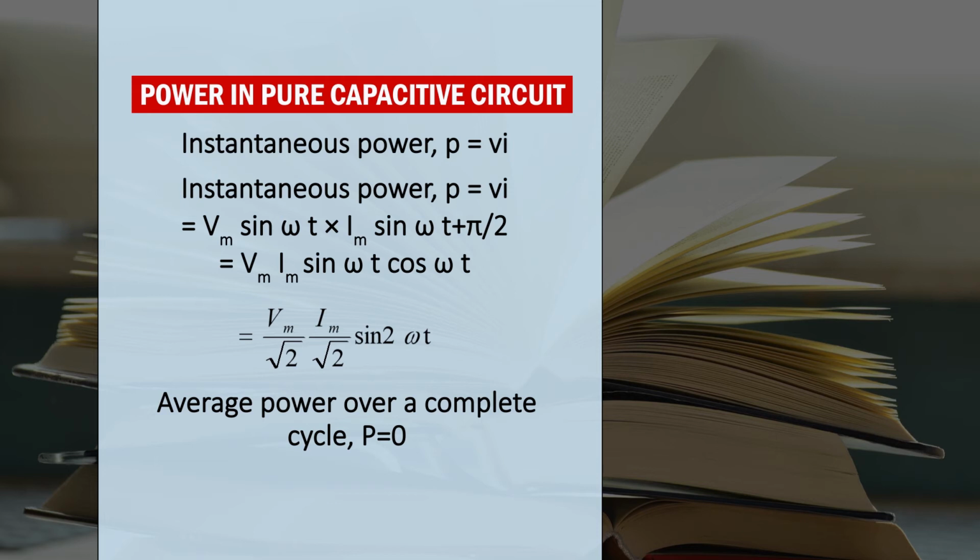Now you multiply by 2 in the numerator and divide by 2 in the denominator. So it can be written as Vm upon root 2 into Im upon root 2 sin 2 omega t. So the average power over a complete cycle will be equal to 0. Hence the average power consumed in a pure capacitive circuit is also 0, like a pure inductive circuit.